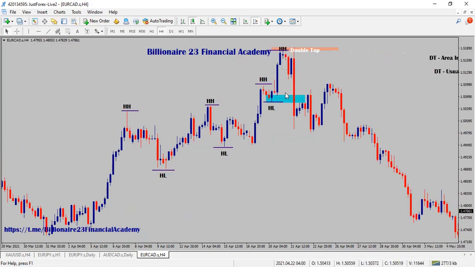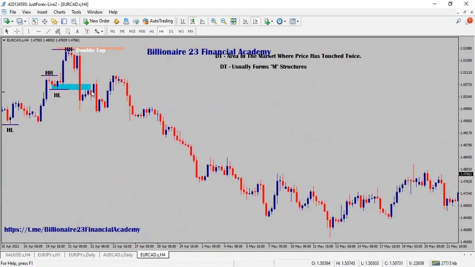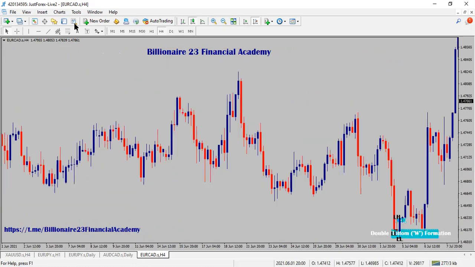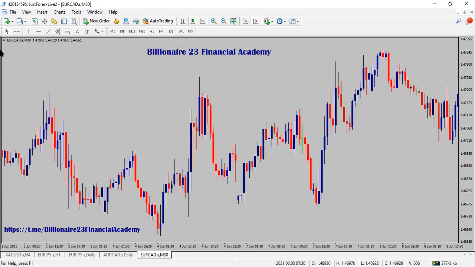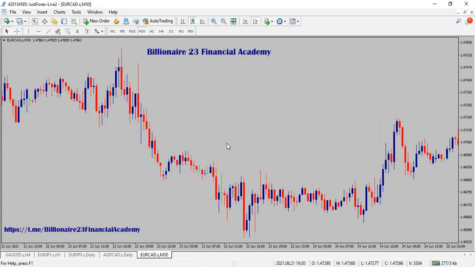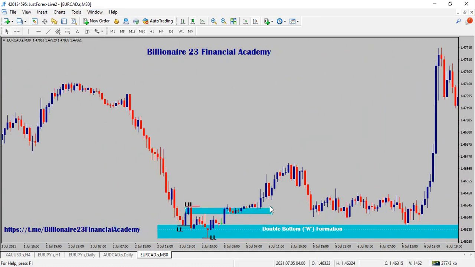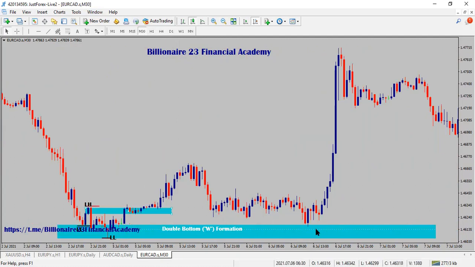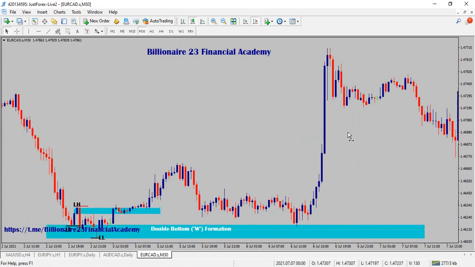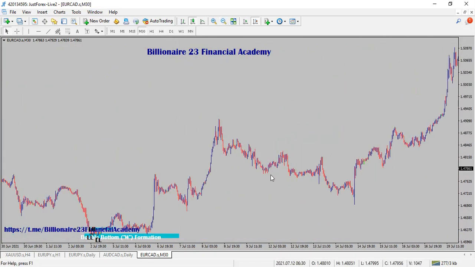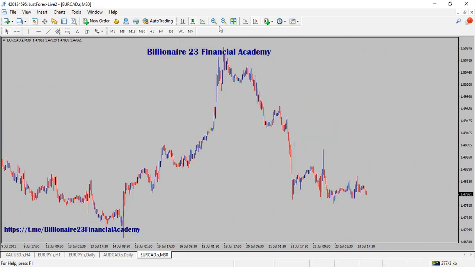They just change the trend and then from there they just drop. And then on other occasions, you have them changing the trend and then coming back to retest the same level as a double bottom or a support, whichever label you want to use. Then they carry on going up.